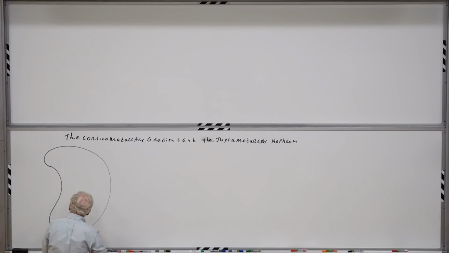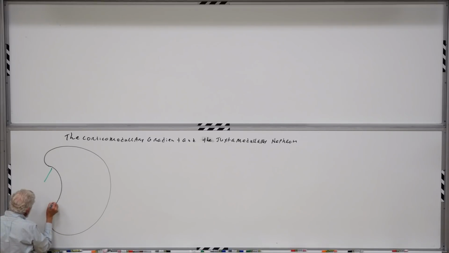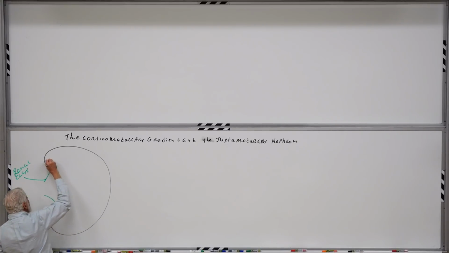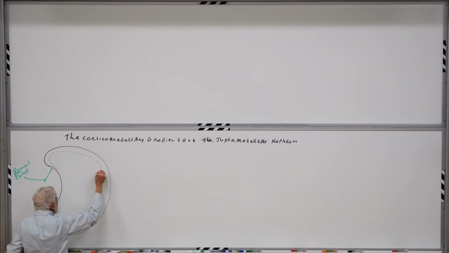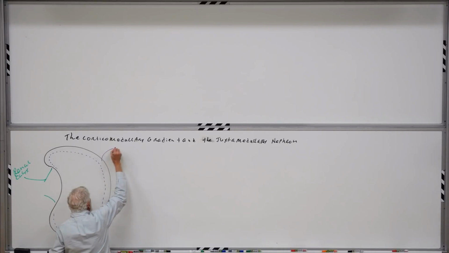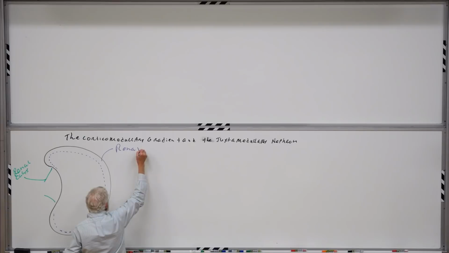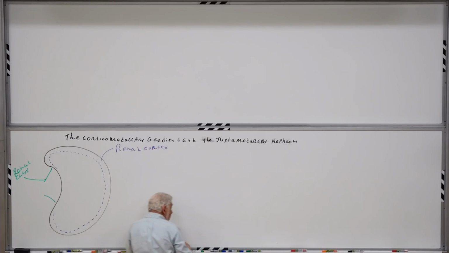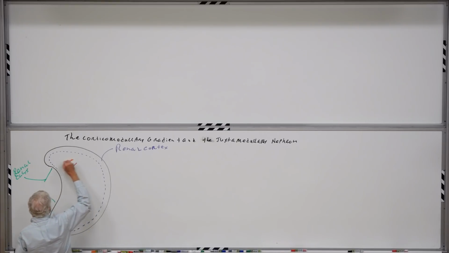I'll remind you that this green structure out here is meant to be the renal calyx, and that we distinguished regions within the kidney itself. We use this purple dotted line, and we said that the thin veneer on the outside of the kidney was the renal cortex. And then everything beneath that, all this structure, was the renal medulla.